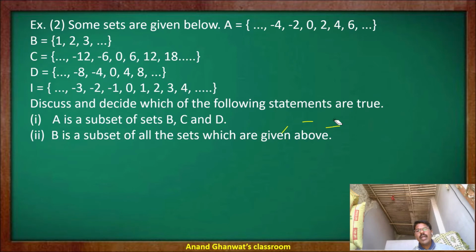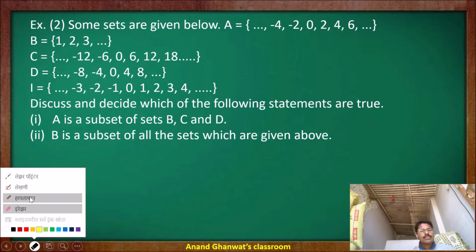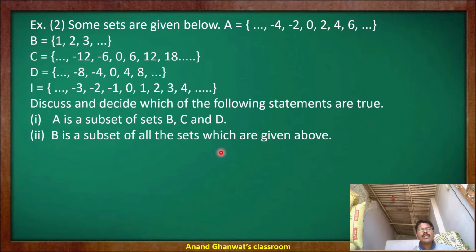The second question is whether B is a subset of all the sets which are given above. Let us check whether B is a subset of all the sets given in the above example. So B is a set with elements 1, 2, 3 and so on, meaning the set of natural numbers.